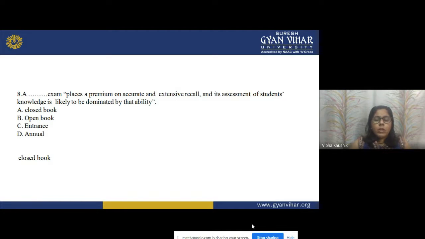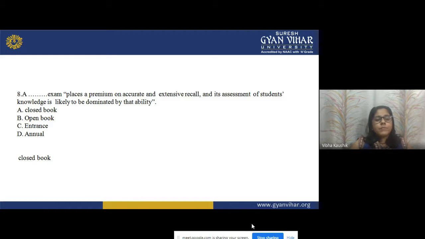Now, eighth one: a dash exam places a premium on accurate and extensive recall, means accurately recalling the information, and its assessment of student knowledge is likely to be dominated by that ability. And what is that ability? How well you are able to recognize and recall that information.